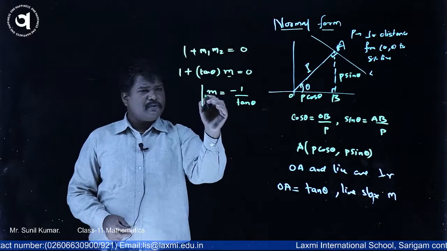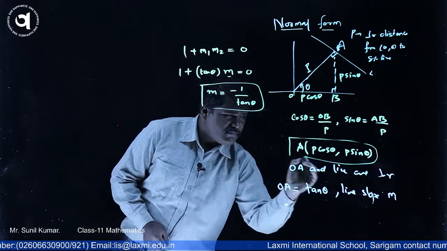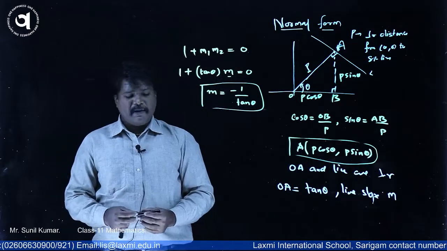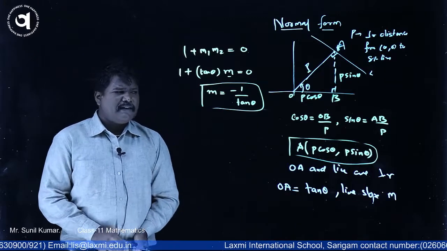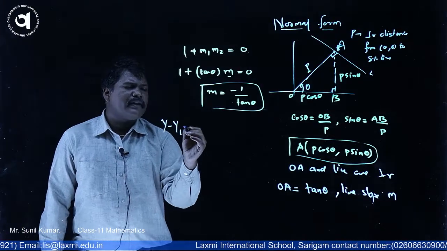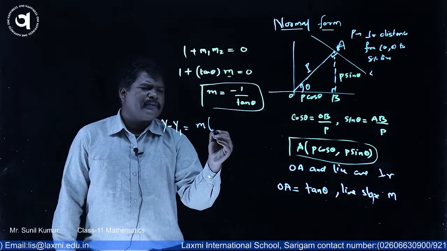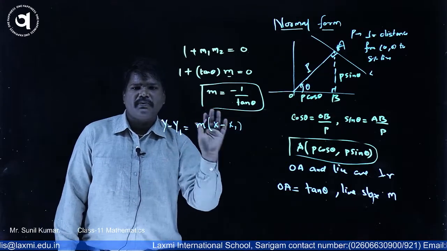Now, I have a slope here and I have a point here. So, when we have both the slope and point, we can write the equation of line. How to write the equation of line? y minus y1 is equal to slope into x minus x1. I am taking the point slope form.